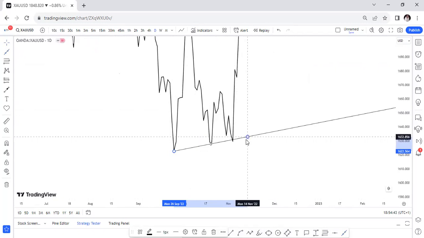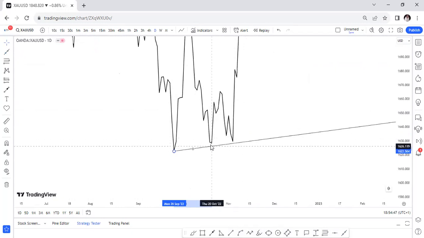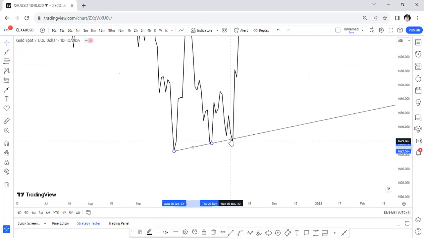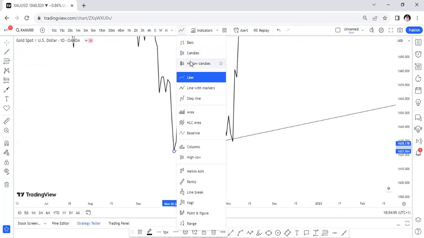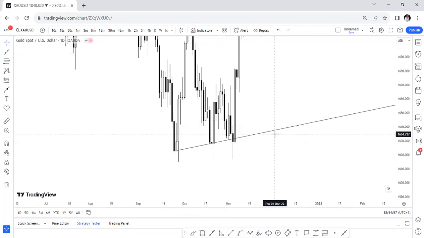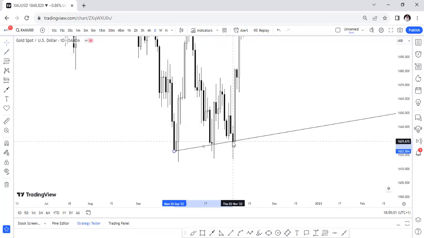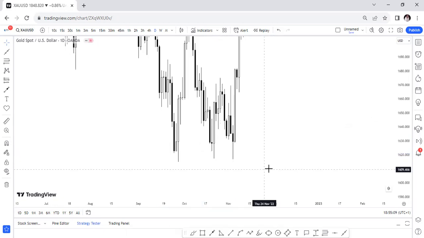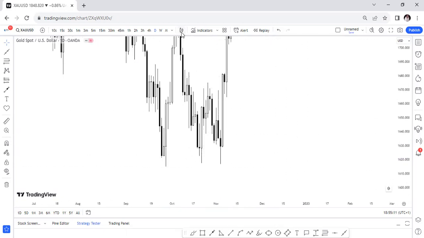Then this one has closed below it, so it is invalid. If you use this as number 3, see it. Does it close? It ought to be here. So you look out for another point.